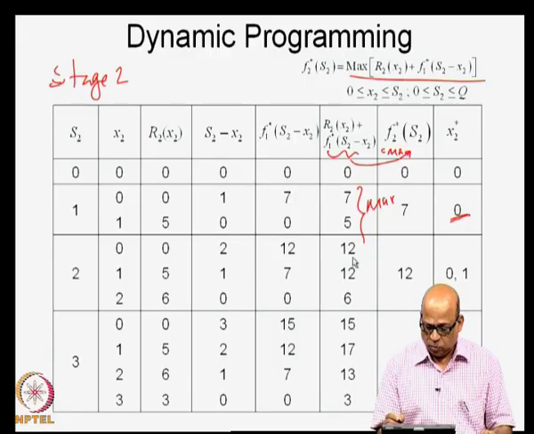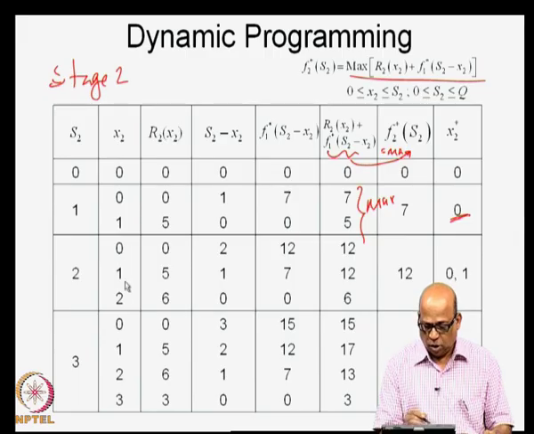So, what is the total that you get? 12 plus 0, that is 12, 7 plus 5, that is 12, 0 plus 6, that is 6, and pick up the maximum of that. Maximum is 12, and therefore, it says that if 2 is available, you either allocate 0 or 1, both of which give you a value of 12.